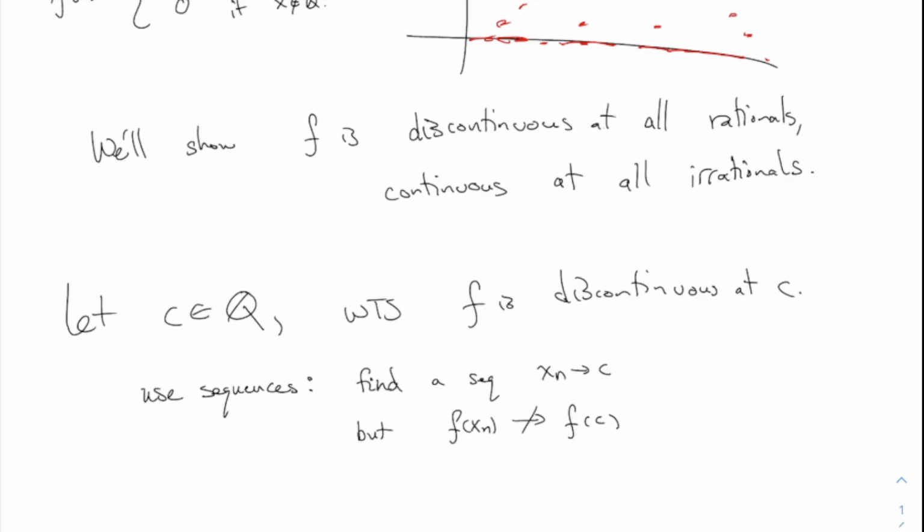But this is how you would show something is discontinuous. You find a sequence which approaches C, which, remember, is rational, but the f's of that sequence do not approach the f of C.